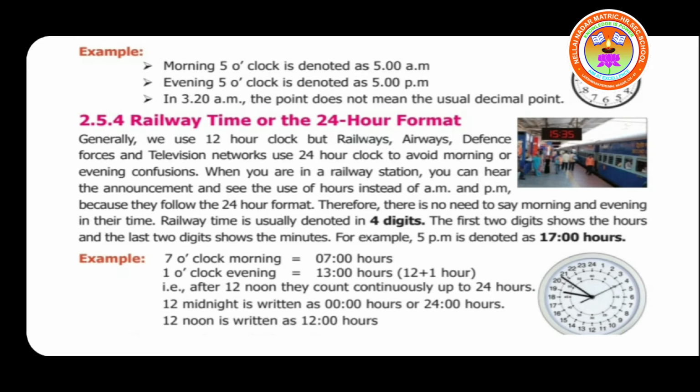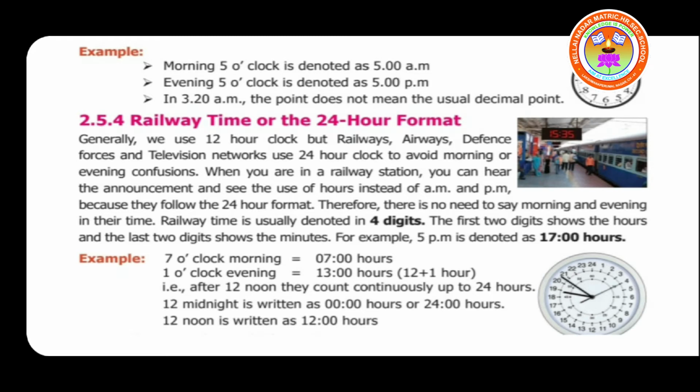Railway time is usually denoted in 4 digits. The first 2 digits show the hours and the last 2 digits show the minutes. For example, 5 PM. I told you 5 PM means you just write 5:12. For the 24-hour format, you have to add 12 to that. So 12 plus 5, you will get 17 hours.